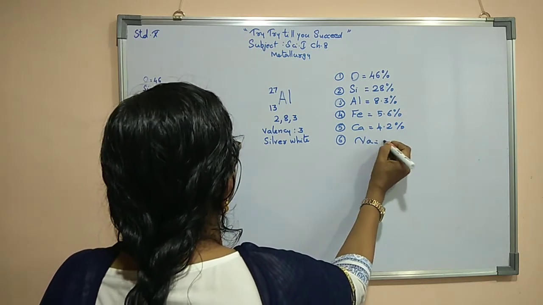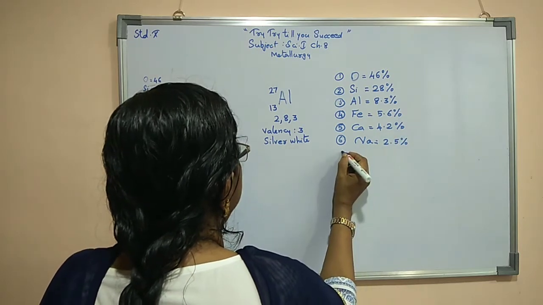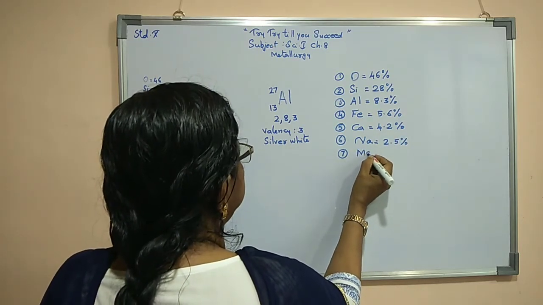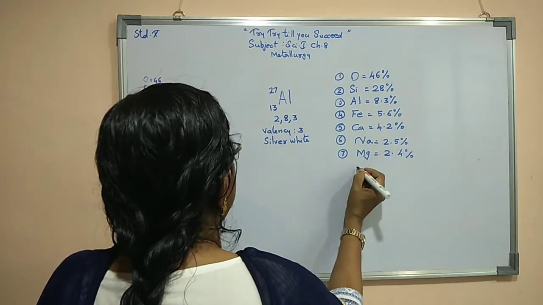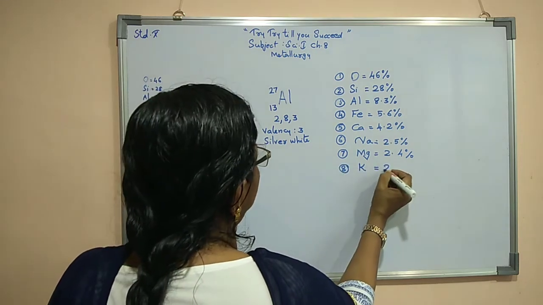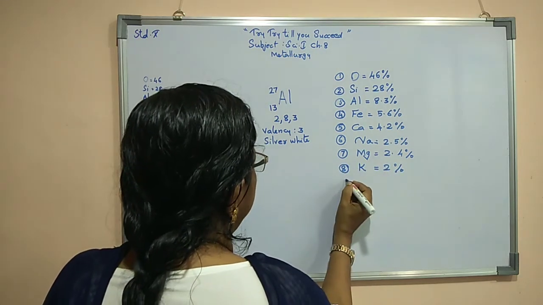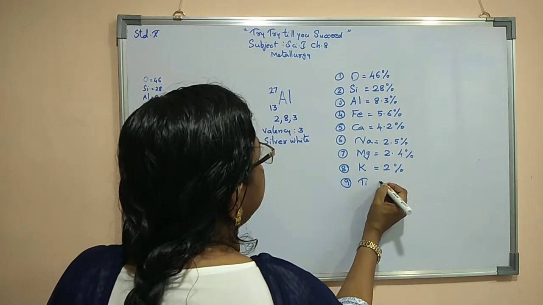It is available 2.5%. Then magnesium, Mg, that is available 2.4%. Then potassium, K, that is available 2%. Then the ninth most abundant element, that is titanium, that is available 0.61%.